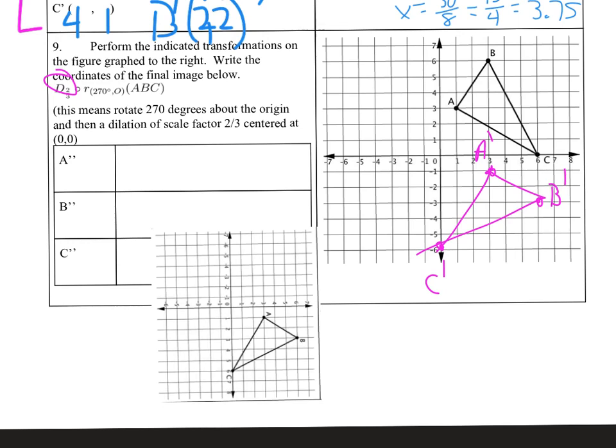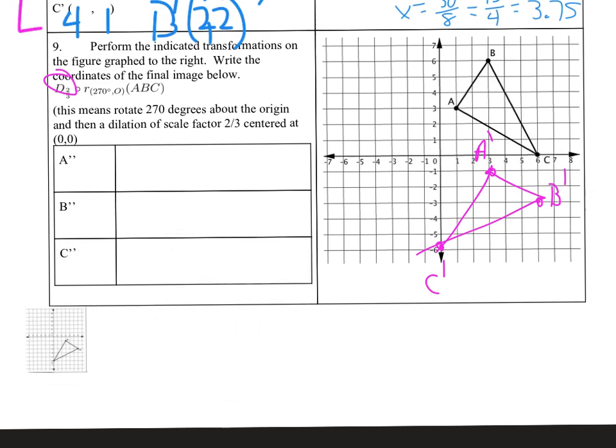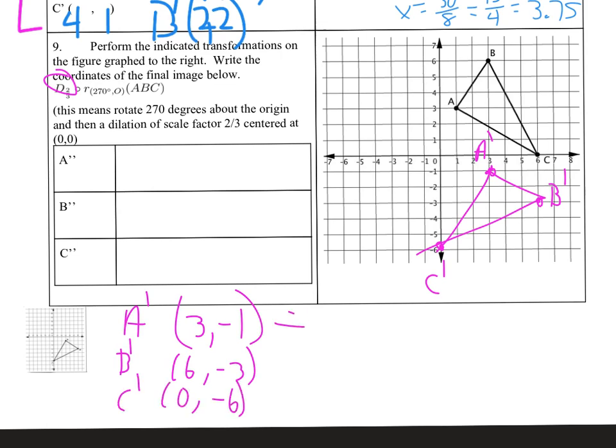I'm going to write down, so A prime is 3, -1. Yeah, I'm going to set them up as points. I was going to use a matrix, but I didn't want to confuse you. B prime is at 6, -3. And then C prime is at 0, -6. I want to multiply by 2/3.